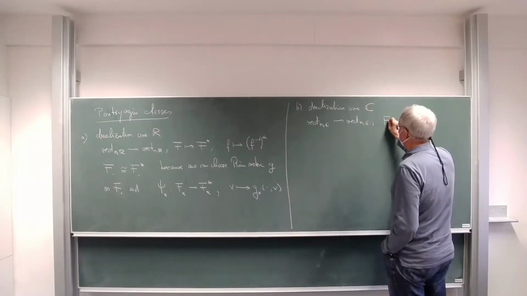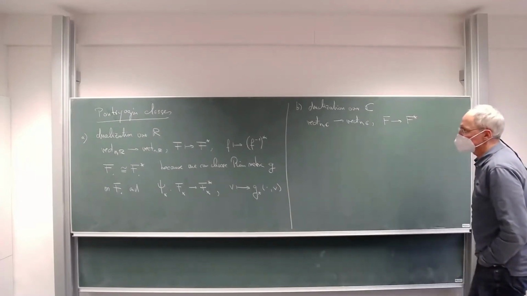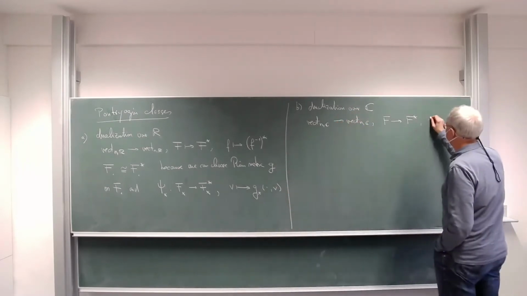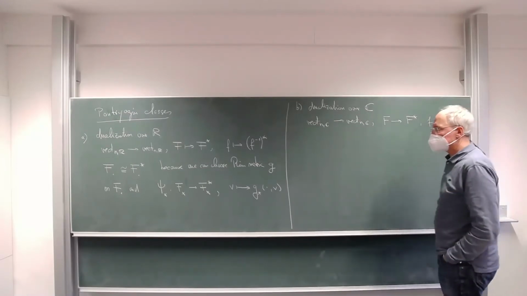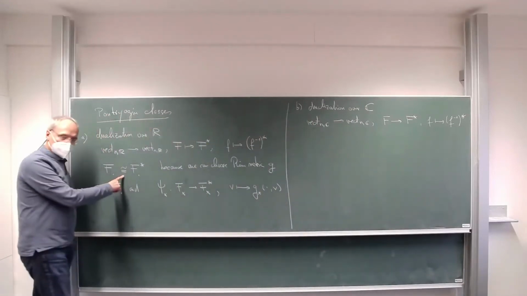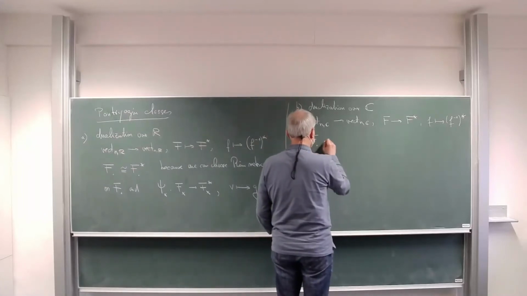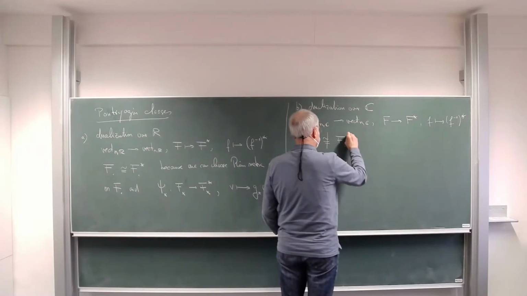So to a complex vector space, we associate its dual space. And that's also the same definition here. And now the point is, this is no longer true in general. So bundles need no longer be isomorphic to their dual bundles.